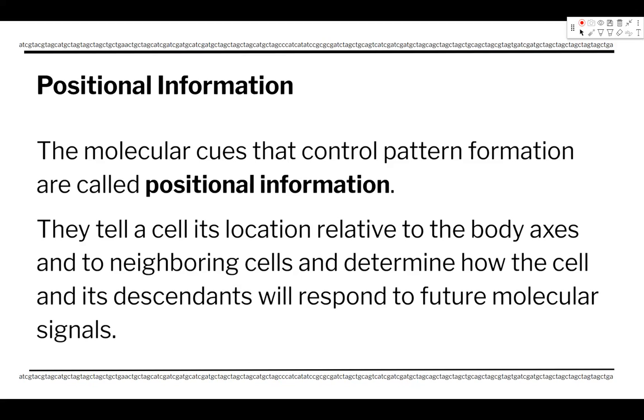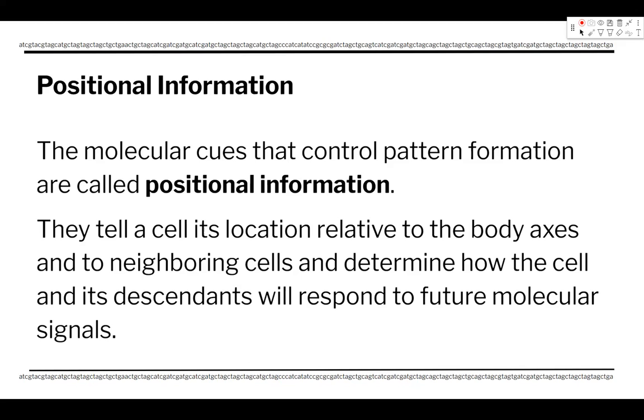And as it figures out where it is, that's how we get pattern formation, where this cell is receiving this specific amount of signals. It knows it's on this side of the body at this point in time, so it knows it's going to become this section of a wing. So a lot of complex cell signaling in embryonic development, that involves a lot of genes we only use once.